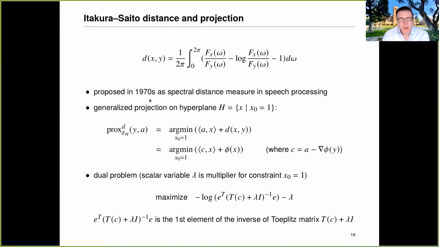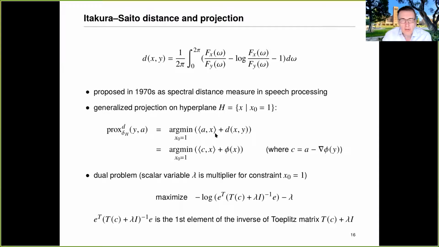So we'll be interested in computing the generalized projection on a hyperplane, where we take this hyperplane, this is sort of the natural equivalent of, in the probability simplex, normalizing the sum of the components to be 1. So again, the notation of the Bregman distance proximal operator is a little complicated, but if you write out the definition, this is what we need to do.